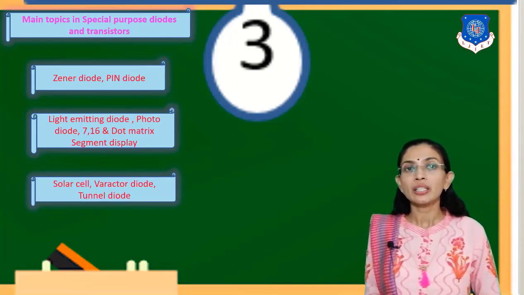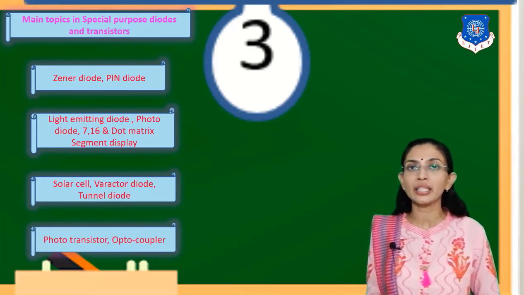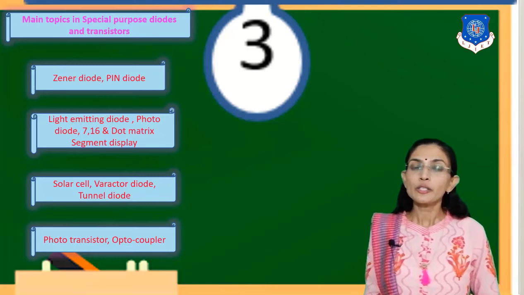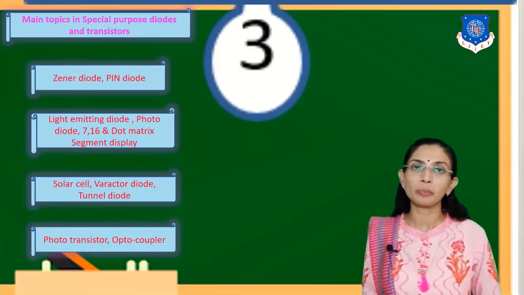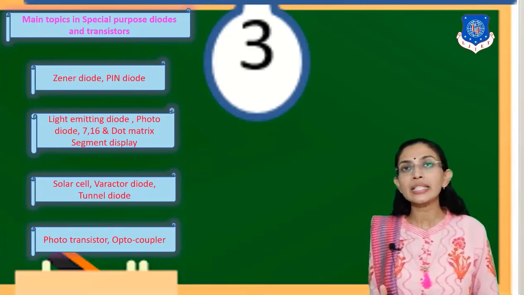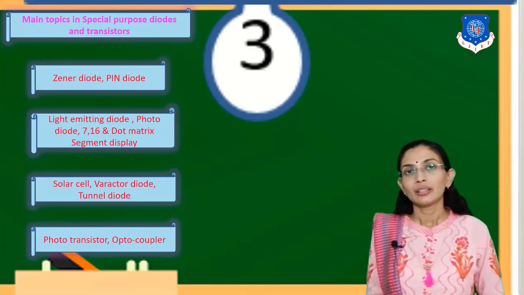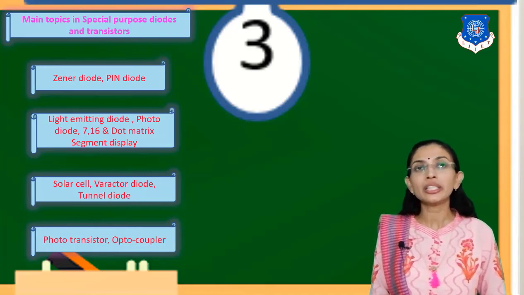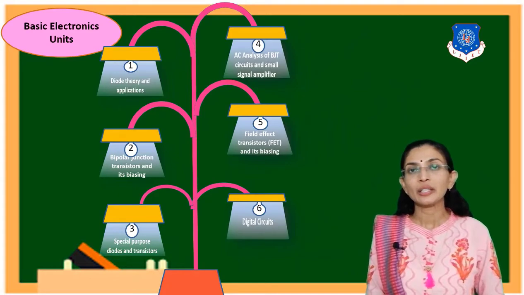Then we will study the solar cell, varactor diode and tunnel diode in detail, and finally we will study the phototransistor and optocoupler. Optocoupler is the coupling of LED and photodiode. So we will study the different special purpose diodes and transistors in chapter number 3.